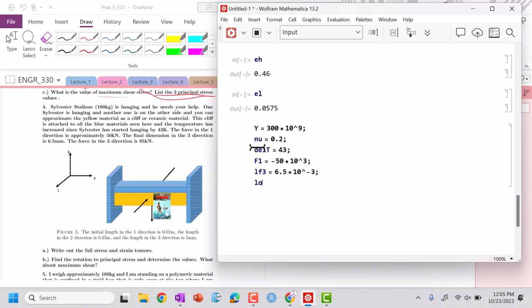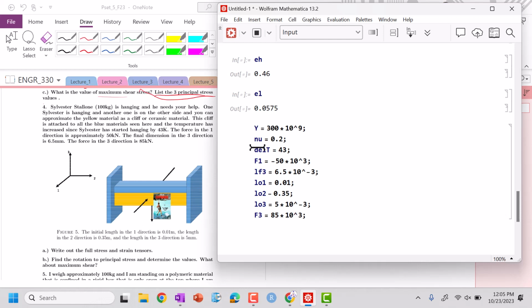Our L01 below you can see is 0.01. Our L02 is equal to 0.35. Our L03 is equal to 5 times 10 to the minus 3. Good. The force in the 3 is positive, and it's 85 times 10 to the 3.